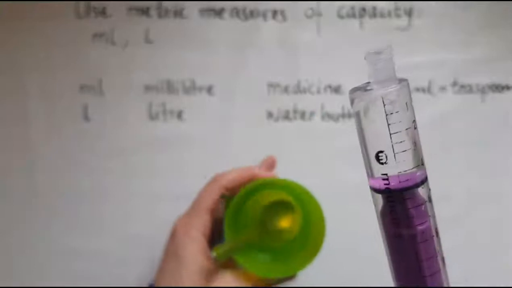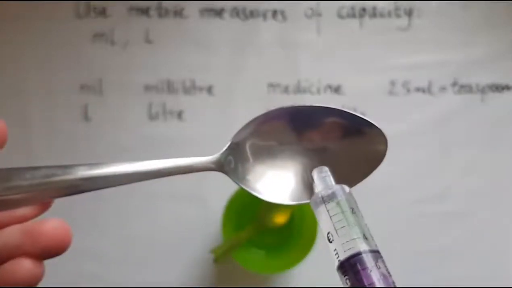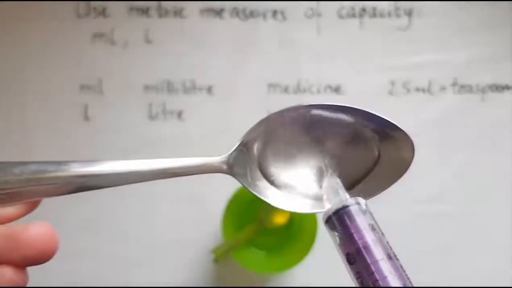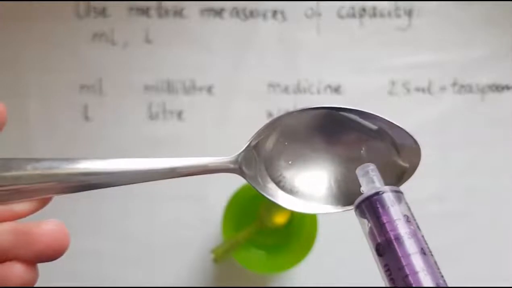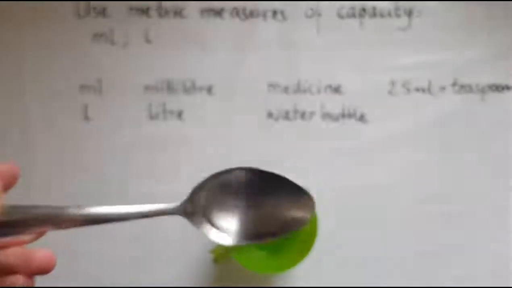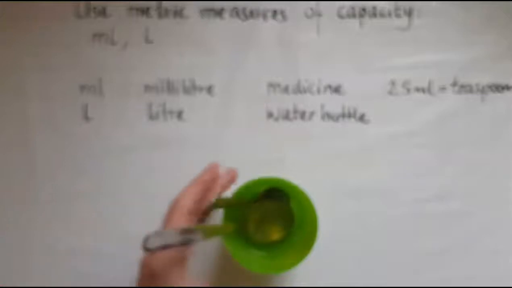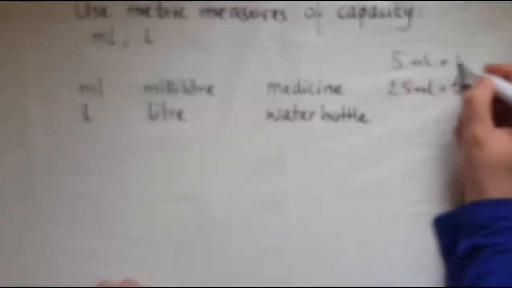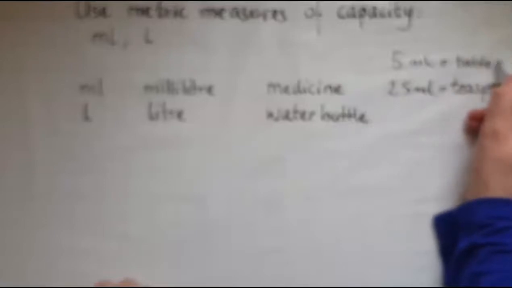I've got 5 ml in the syringe, and I'll empty that. So it's roughly about 5 ml. I'll add that as well. So 5 ml makes a tablespoon.